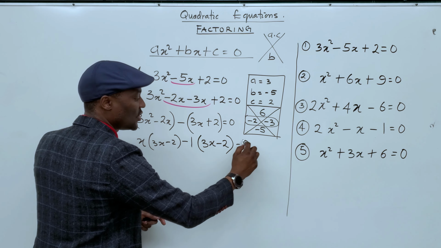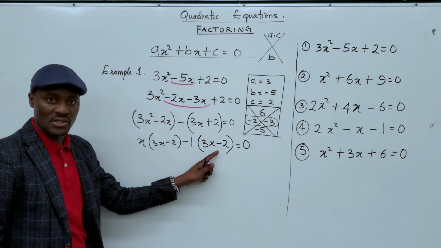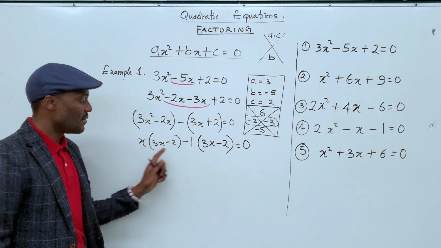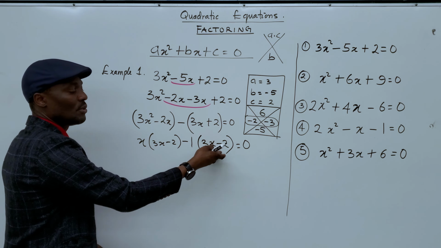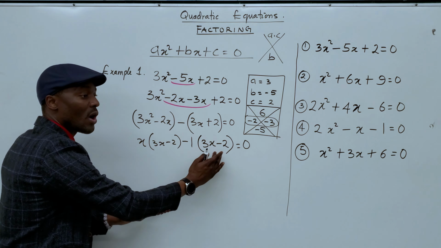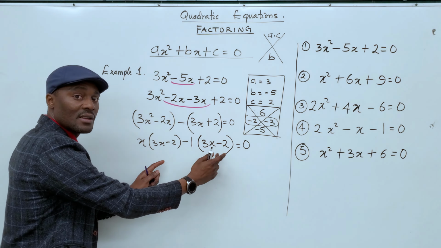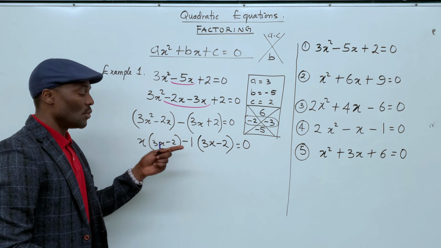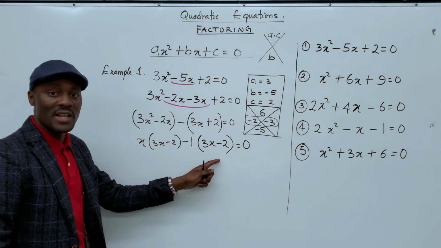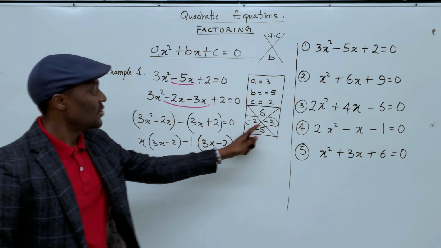Also remember, a quick check. What is here is what must be here. If you follow this rule of leaving the middle sign alone, whatever is here is what you will always get here. Don't try to get two different signs. You will be wrong. If you're struggling to follow the rule, you will be wrong. If you don't get your answer right, it means you made a mistake in solving this puzzle.